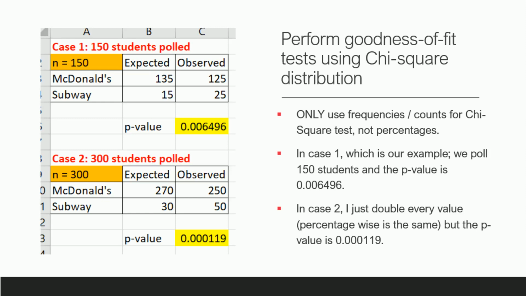In case 2, I just double every value. 135 times 2 is 270. 125 times 2 is 250, and so on. But the p-value this time is 0.000119. This means that sample size affects the p-value drastically, which is why you only use frequencies or counts for chi-square test, not percentages. Please do not make this mistake.